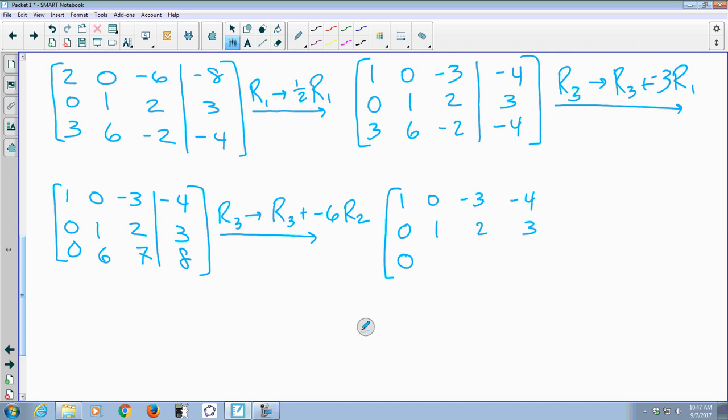Okay, 6 plus -6 times 1 is 0. 7 plus -6 times 2, so that's 7 plus -12, which is -5. And then 8 plus -6 times 3, which is -18, so that's -10.